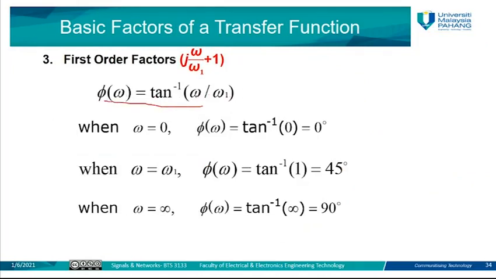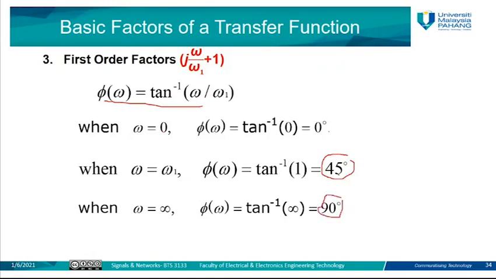Depending on the value of omega, we will have the values of the angles here. In case omega equals 0, it will be tan inverse 0, so it will be 0. If omega equals omega 1, it will be tan inverse 1, so this will give you 45. If omega is equal to infinity, tan inverse infinity here will give you 90.